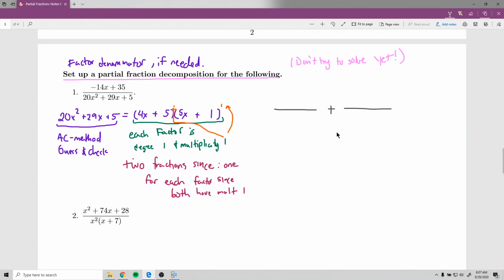So we're going to have two fractions added together, the 2 coming from what we mentioned here. One of the denominators is 4x plus 5, and the other one is 5x plus 1.